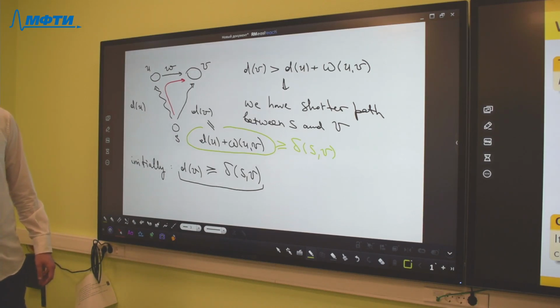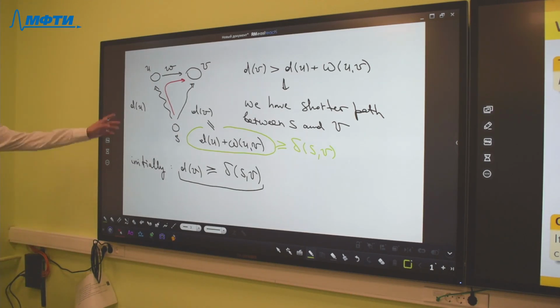It's equal to what? The shortest path here, what is the shortest path in this graph?